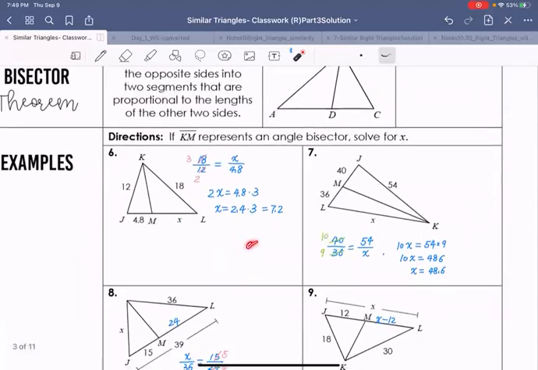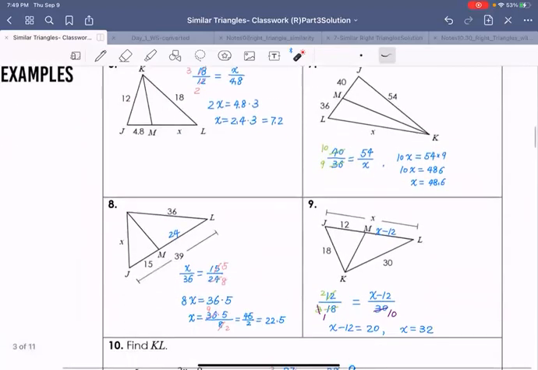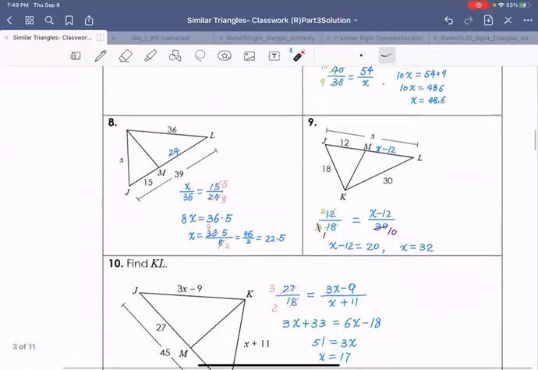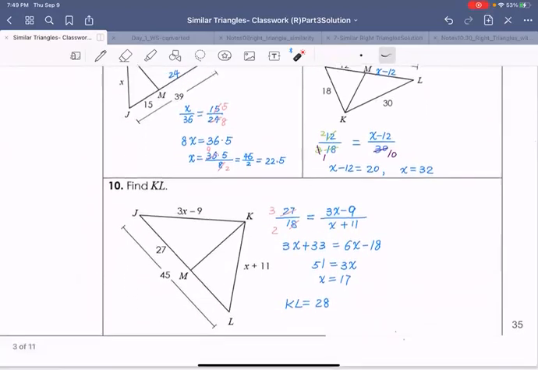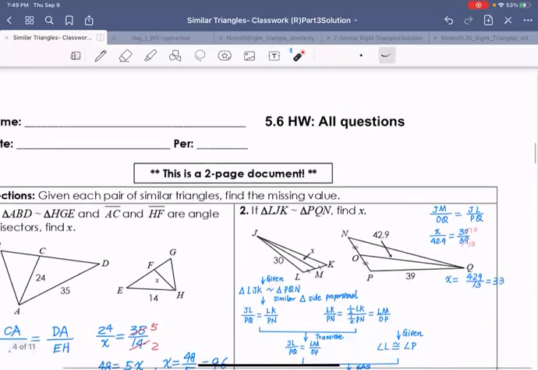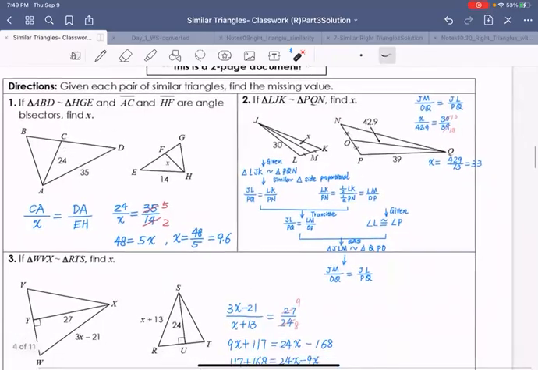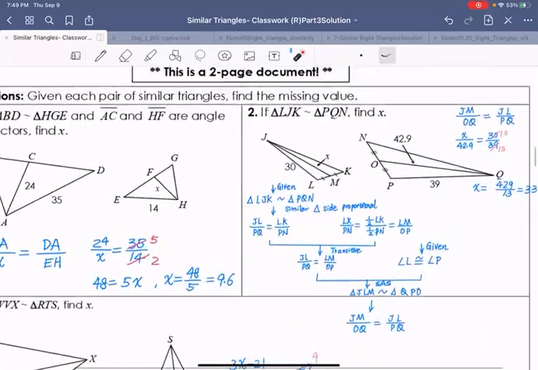Now, all those questions are similar. I show my work. I don't think it's hard enough. Here, I want to explain something.